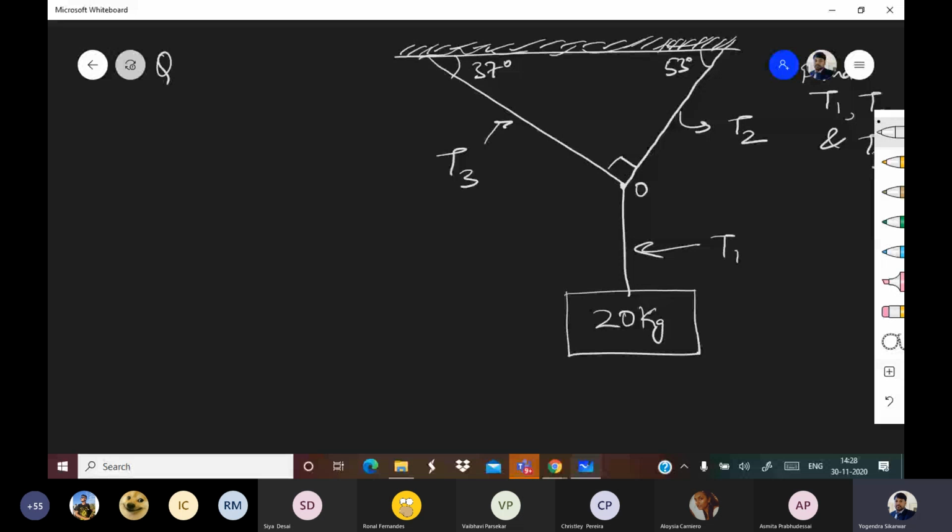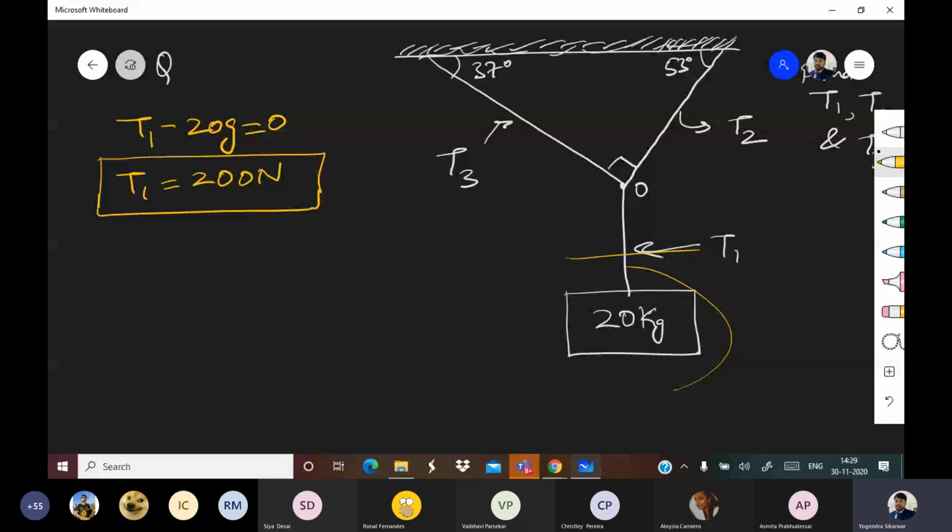Okay, everyone, please pay attention. So for T1, if I cut it from here, this 20 kg block will fall down. So T1 minus 20g is equal to 0 and T1 comes out to be 200 Newton, right?